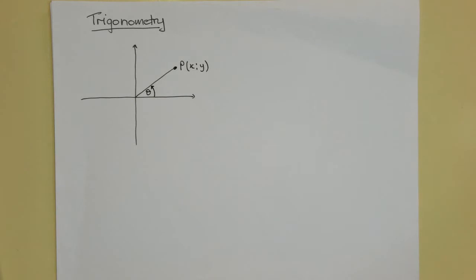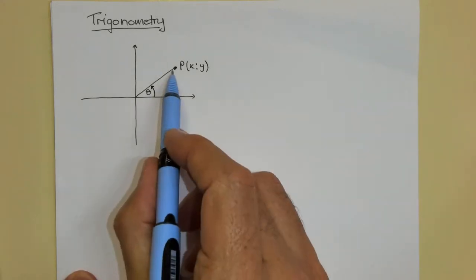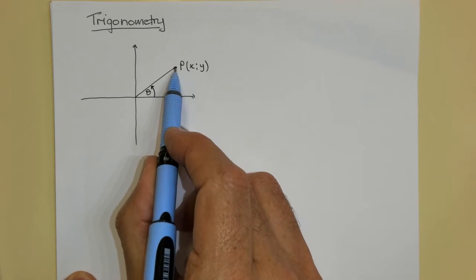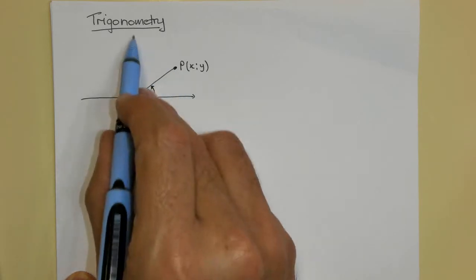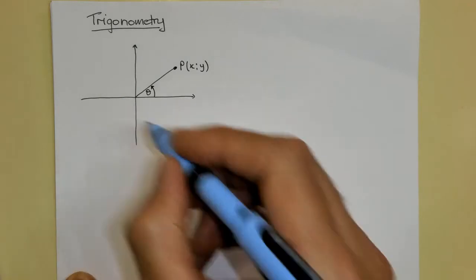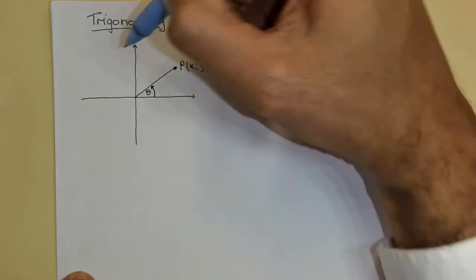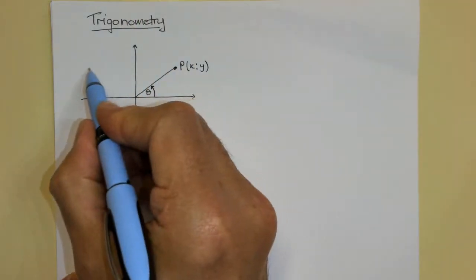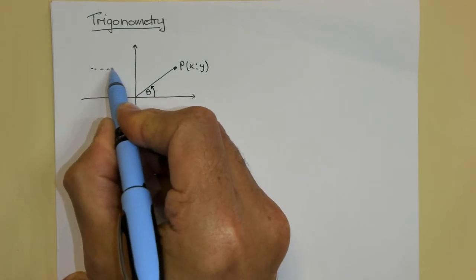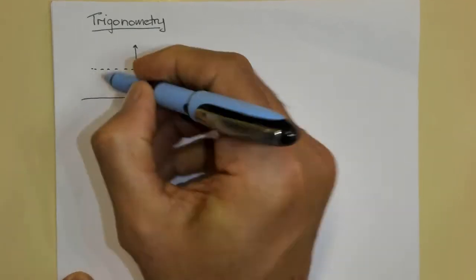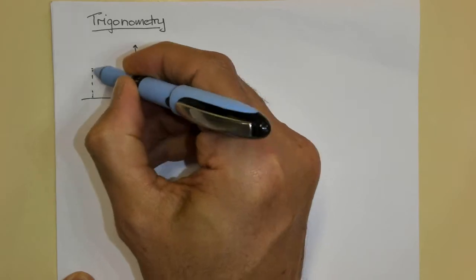It's measured anti-clockwise. Now if I take this point P and I reflect it in my vertical axis, then I will end up with something that more or less lies over here. Okay, so I'm taking point P and I'm reflecting it in the vertical axis.